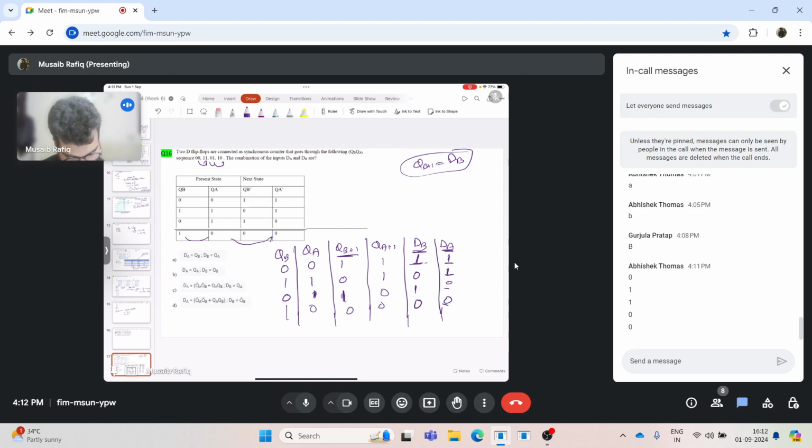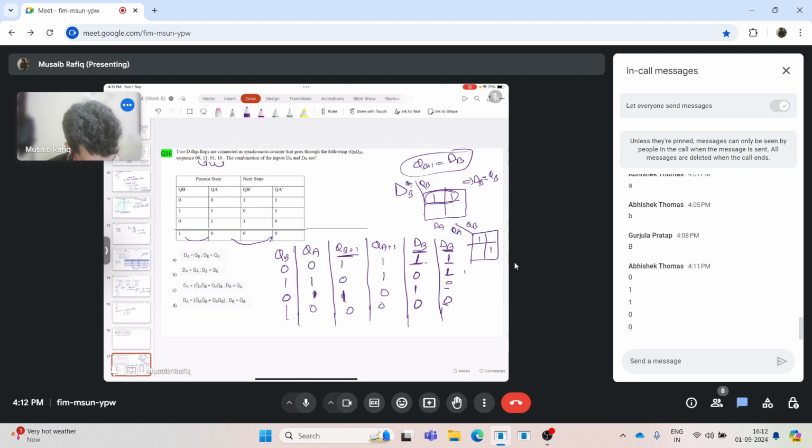Right. Now DB, looking at the K-map between QA and QB, implies DB is equal to QB. Now for DA, I'll have QA, QB, with the ones at 0 0 and 1 1.